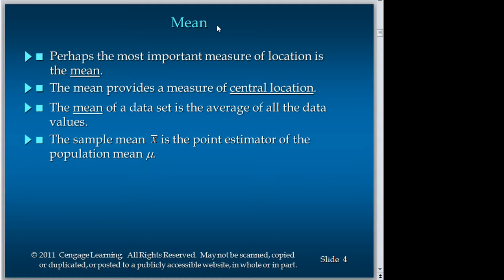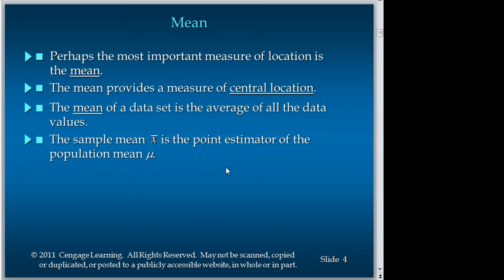We try to come up with a single number that describes the entire data set in the best way, and mean is one of those numbers. So you add everything in the data set and divide by the number of data points in the data set. That's the mean, right? The average that we used to know.